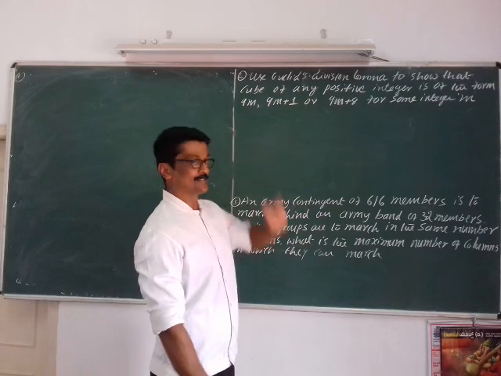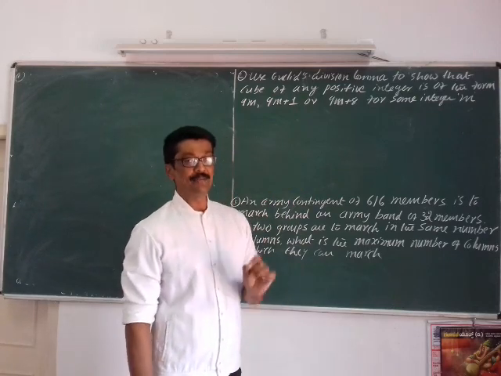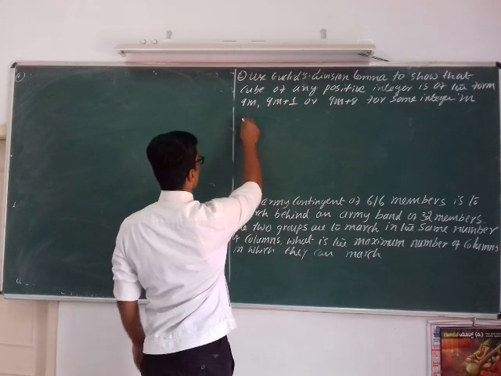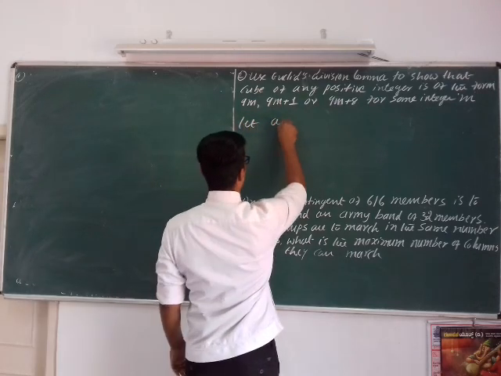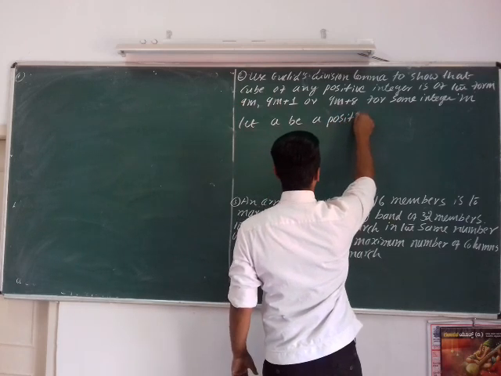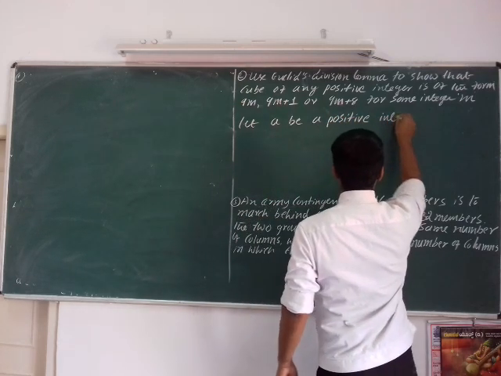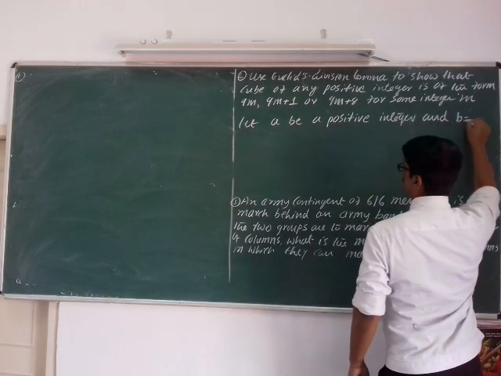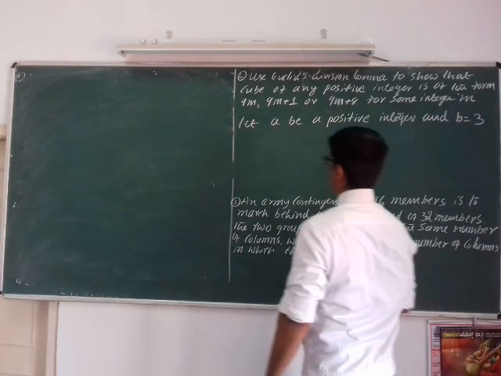So in this example, let me take b as 3. So let a be a positive integer and b is equal to 3.